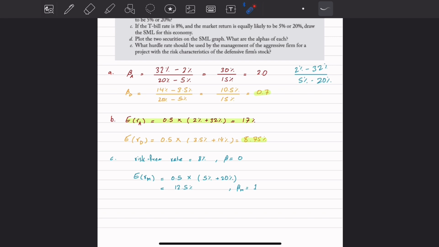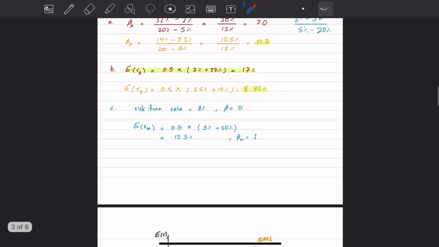And also we know that the market always has a beta of 1. Okay? Because remember, beta represents the correlation coefficient with the market. So the market will always have a 1-to-1 relationship, meaning that if the market goes up by 1%, of course, the market would go up by 1%, right?